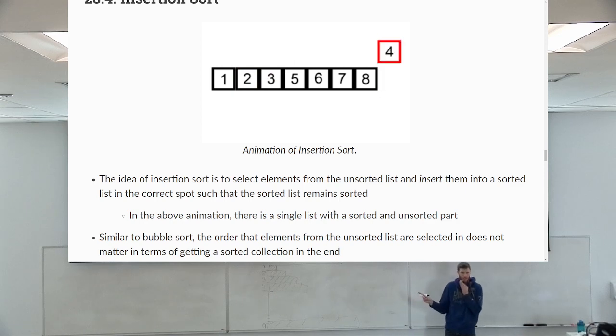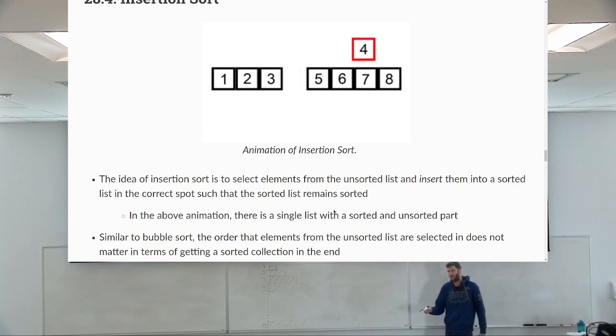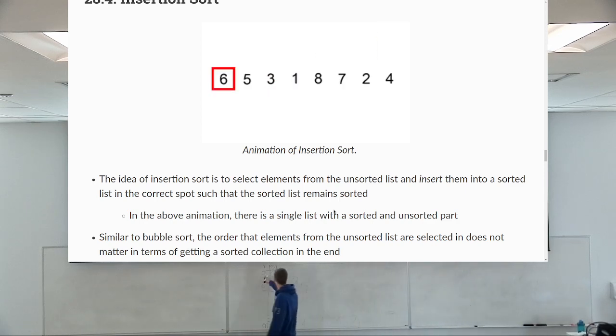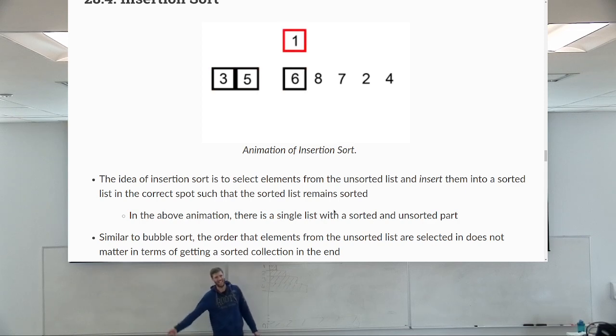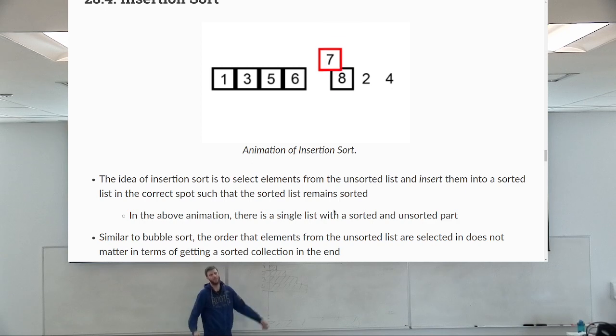We've seen this pattern before. The first time, it's constant time. The last time, it's clearly linear. I take that last element out. I've got to compare it to everything there. It's going to be linear, obviously.